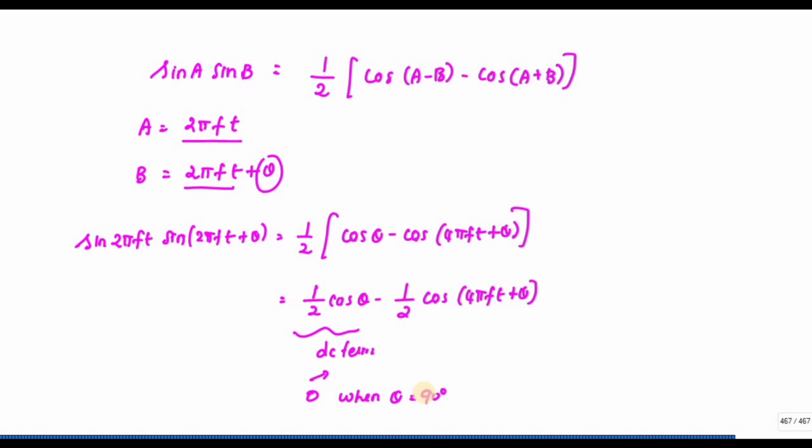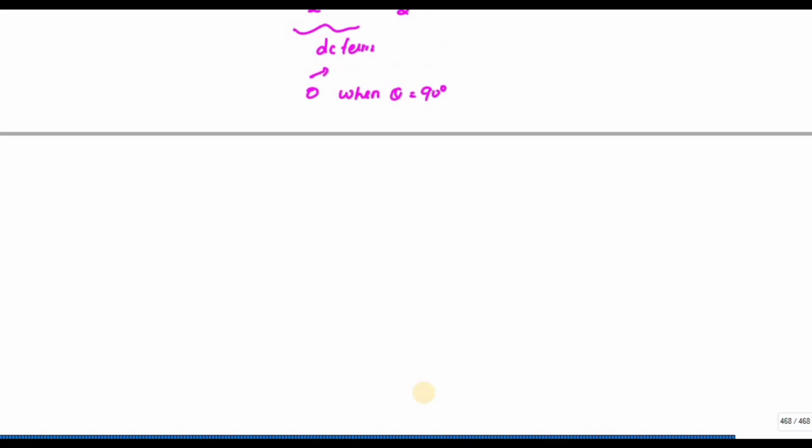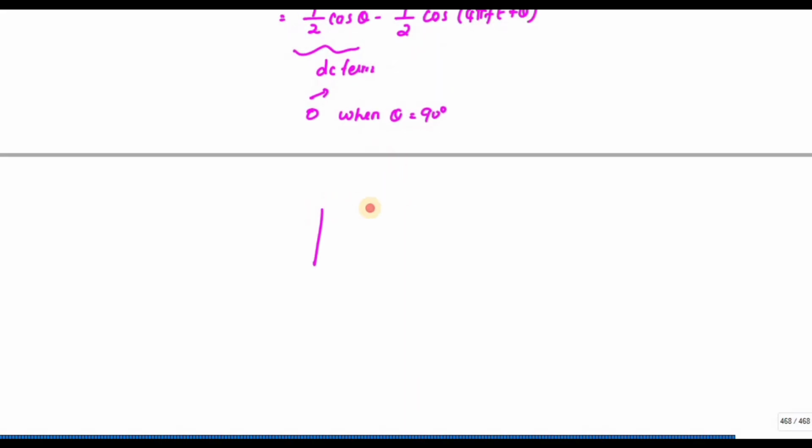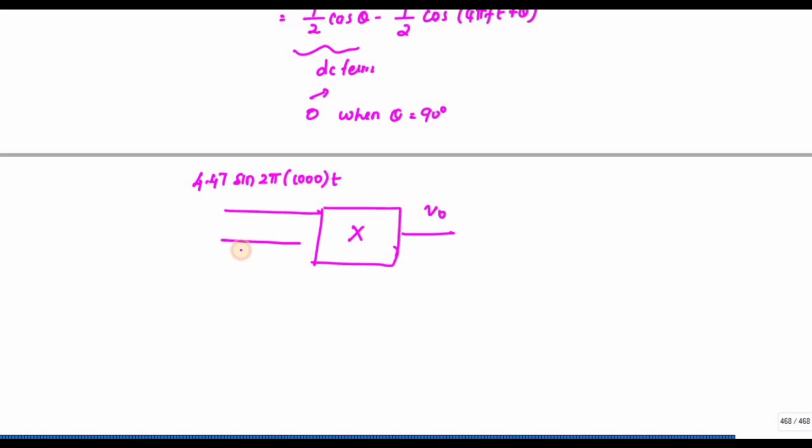So let me assume two signals get applied to the multiplier. This is my multiplier output, this is my V naught. One input is 4.47 sine 2 pi into 1000 t, and the other input is 4.47 sine 2 pi 1000 t plus theta.